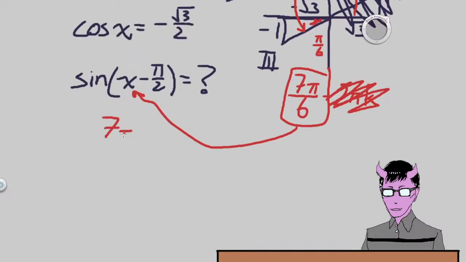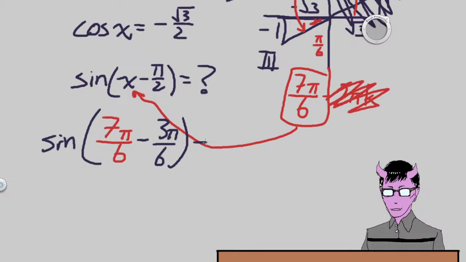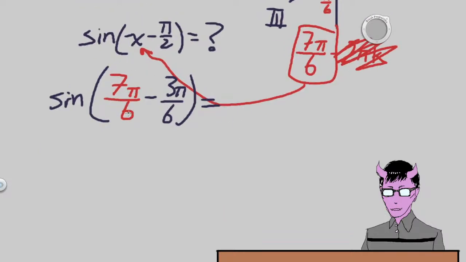So let's just crunch the numbers. 7 pi over 6, subtracting pi over 2, which is equivalent to 3 pi over 6. So cutting down the numbers a little bit, we're going to get 4 pi over 6, aka 2 pi over 3.